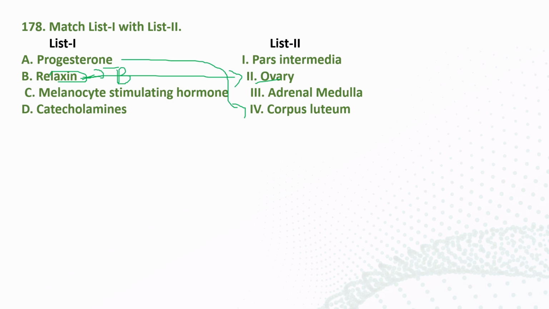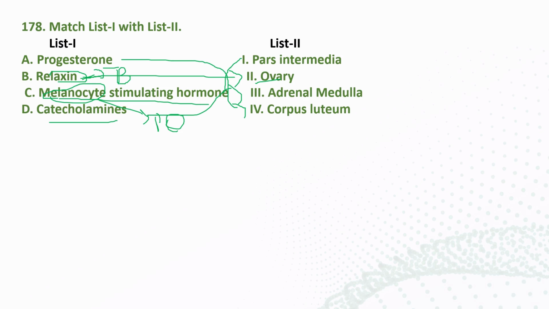Another one is melanocyte stimulating hormone. We know that melanins are the skin pigments which give color to the skin. This is normally produced in the pars intermedia. And catecholamines are hormones normally produced from the adrenal medulla.